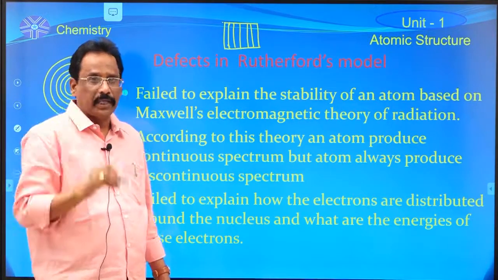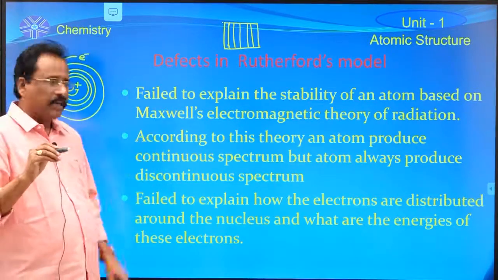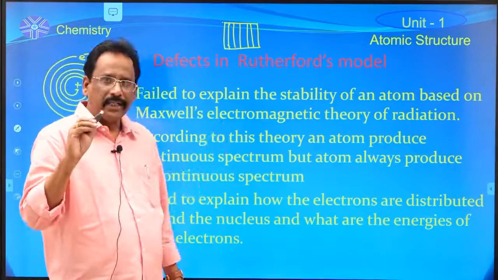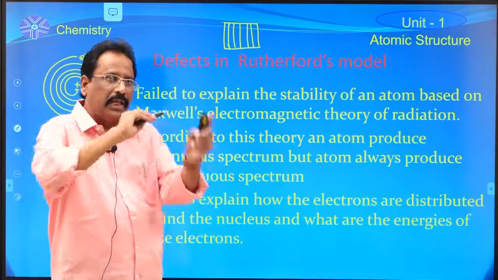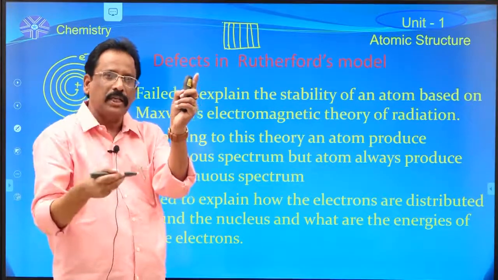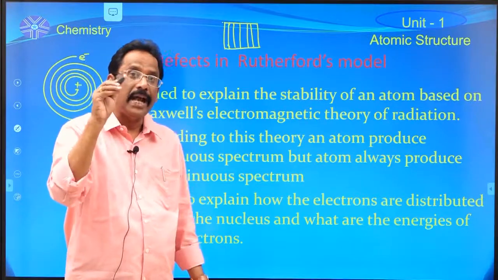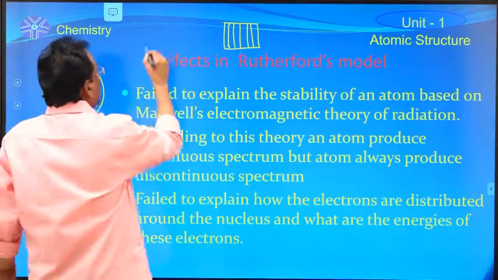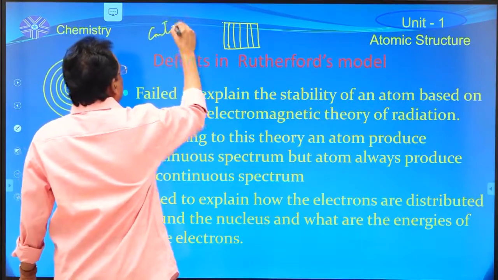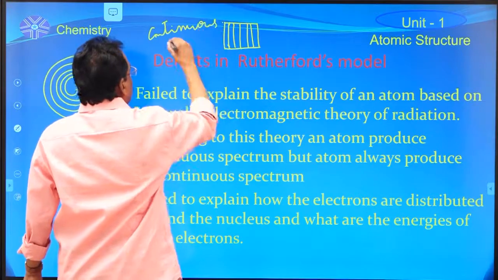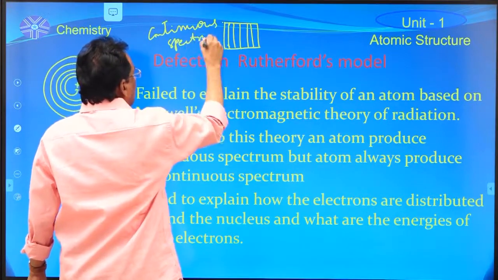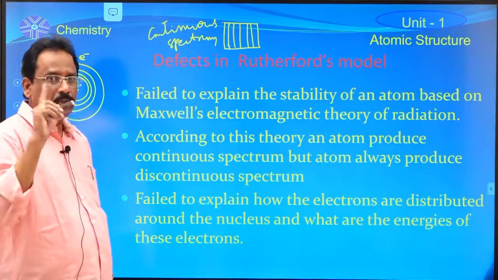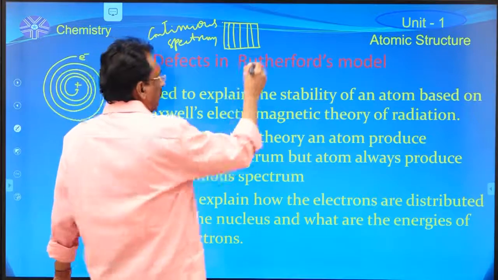The major fault in Rutherford's atomic model is based on Maxwell's electromagnetic theory of radiation. If the electron loses energy continuously, the spectrum formed by the atom is a continuous spectrum. This is the representation of the continuous spectrum. But atoms always produce, remember that, discontinuous spectra.